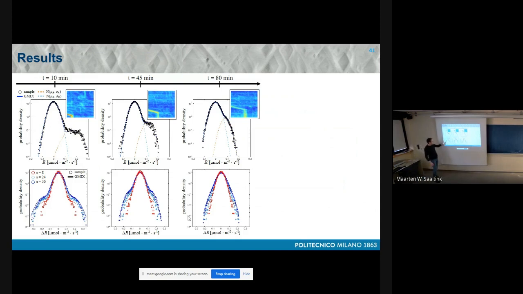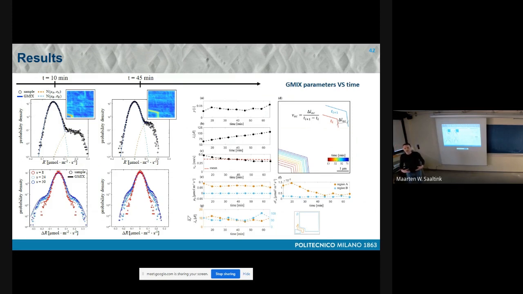And naturally, you can see that the probability density function of the increments is capable of transitioning from one scale to another. Now, of course, you come up then with estimates of the model parameters.